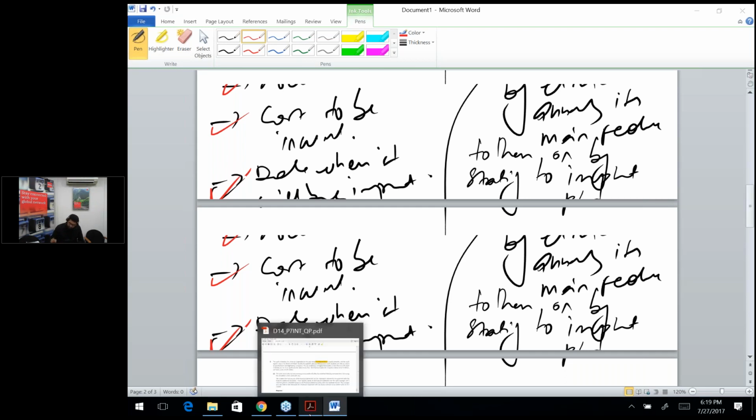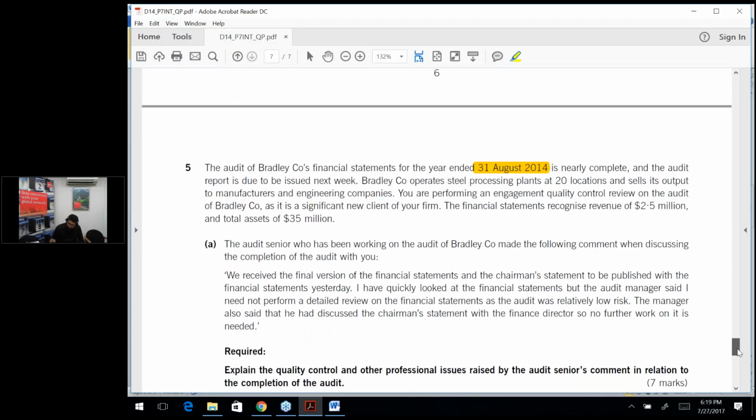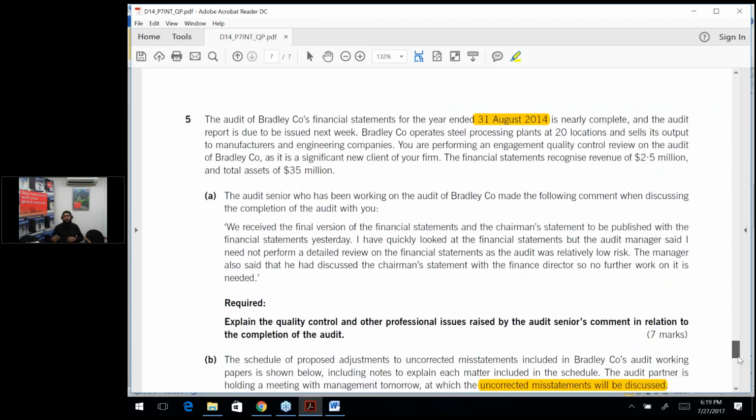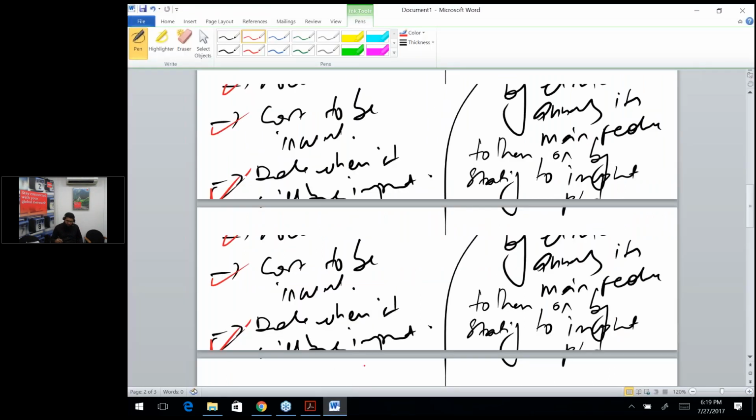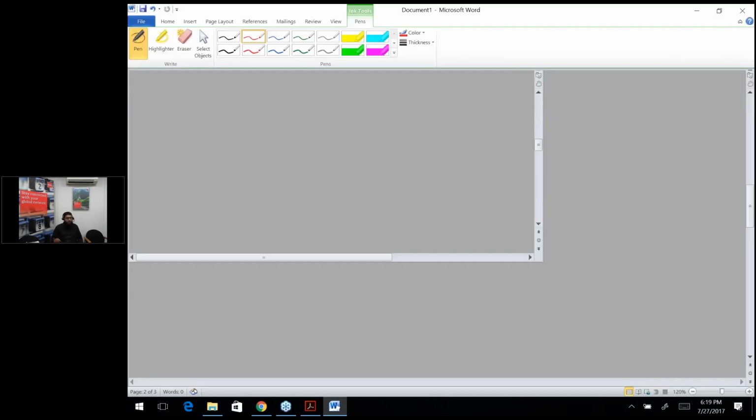So when the entity announced the main features to the employees in September 2014, that means it is after the year end. And when it is after the year end, it's not an adjusting event. It's a non-adjusting event, because at the year end the employees did not know that this was happening. So what do you need to do? You need to explain to the management that the restructuring provision can only be recognized when you have a constructive obligation to restructure.